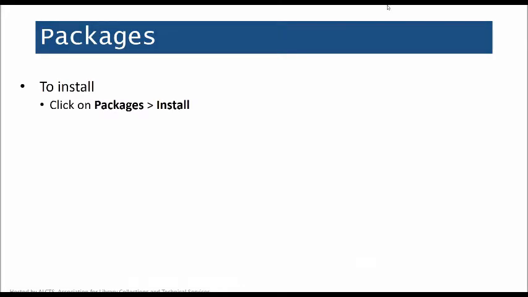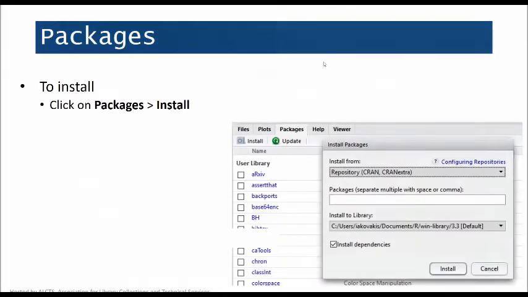To install packages in R and RStudio, you click on, in the bottom right-hand corner in the navigation pane, there's a button that says install, and you can use that to connect to the CRAN repository. This is like the official repository of R packages, and they have certain protocols that developers have to follow in order to make their package available.